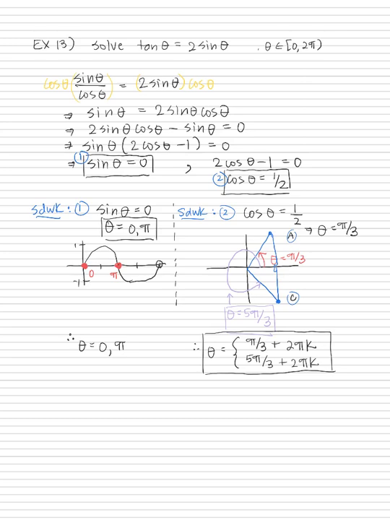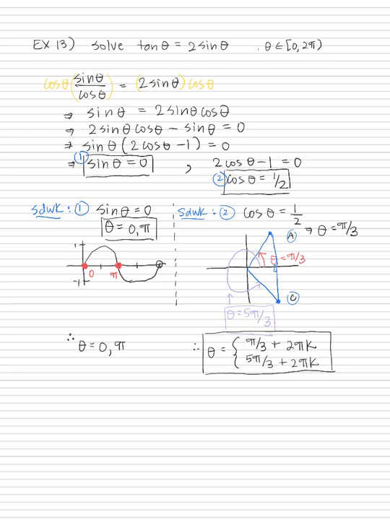Now again, play with the values of k. I usually start from k equals -1 and 0, 1, 2, 3, and so forth. If you have k equals -1, you're going to get a negative angle, so that's certainly not inside of 0 to 2 pi. And when k equals 0, then both angles, pi over 3 and 5 pi over 3, will be between 0 and 2 pi.